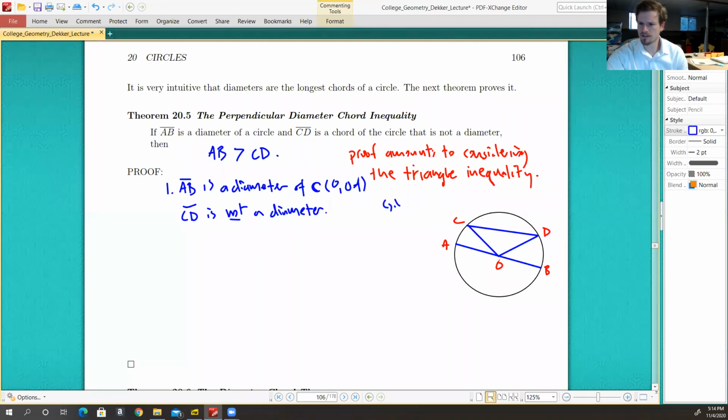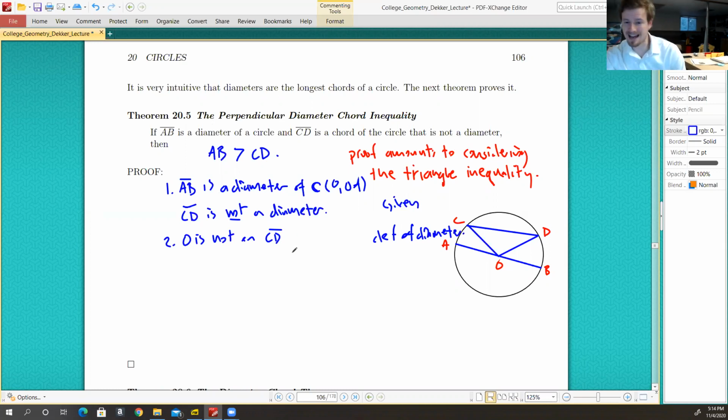That's what's given in the problem, right? AB is a diameter, CD is a chord that is not a diameter. Well, O is not on the line segment from C to D. Why not? That's simply the definition of a diameter. CD is not a diameter, so O is not on CD, because a diameter is a chord that contains the center of the circle.